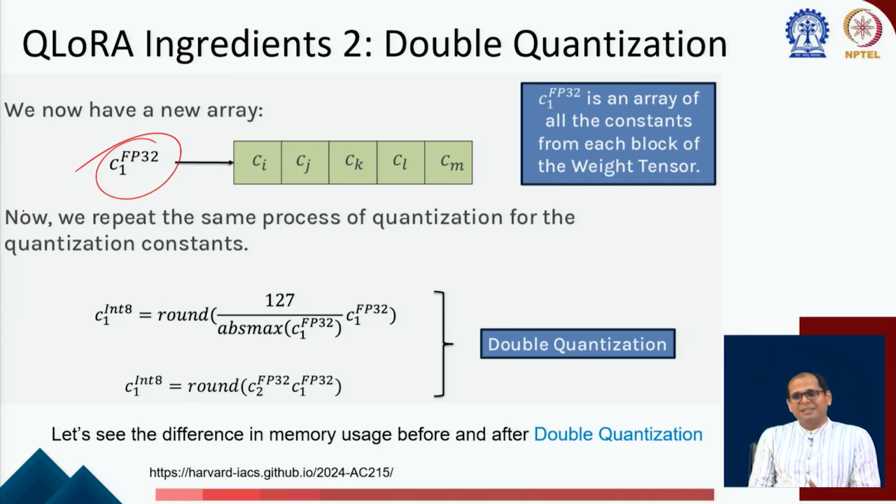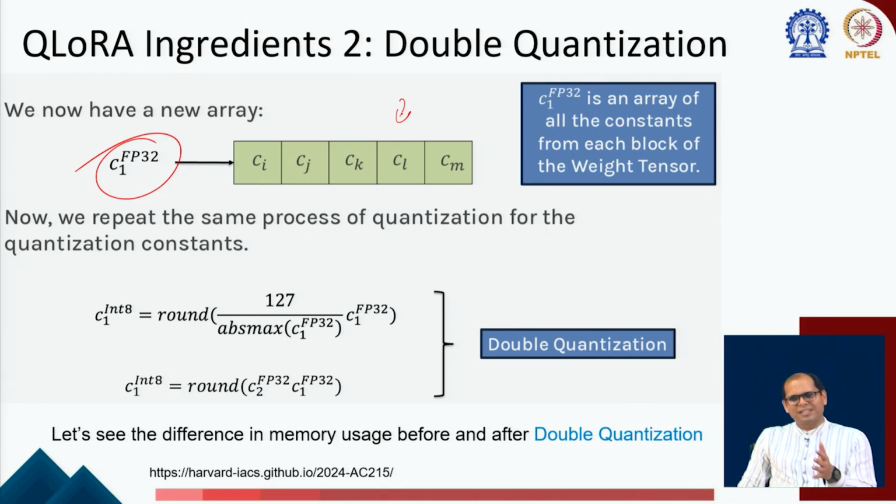Now this again takes some space, right? Because as we discussed, if you are using blocks of very large size, a very large block will be affected by the outlier. So you use some medium sized blocks, but even then you will have quite a lot of such constants, right? And that can take a lot of memory. So the idea is, I already have the idea of quantization, so why can't I do quantization over these constants again?